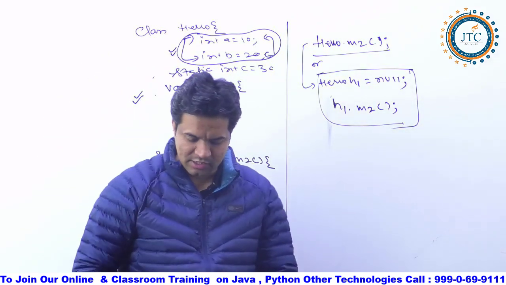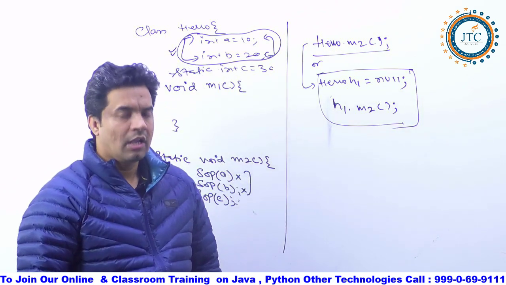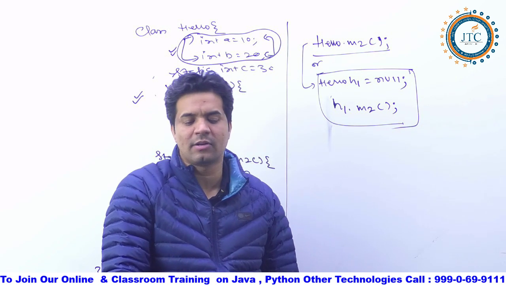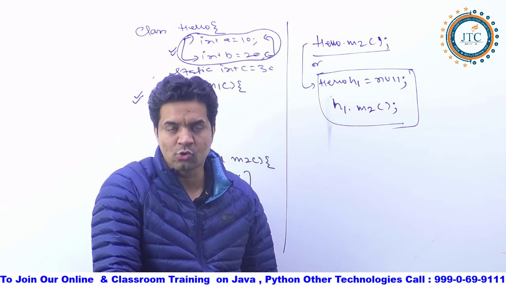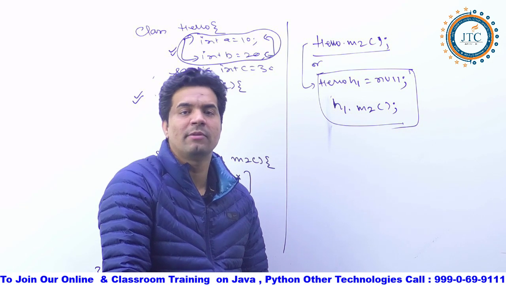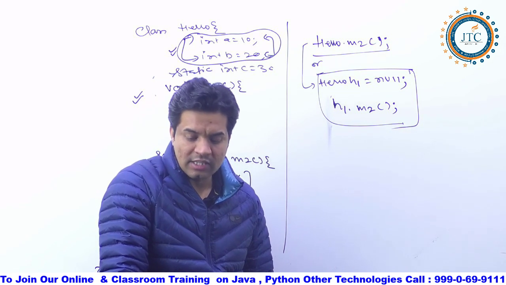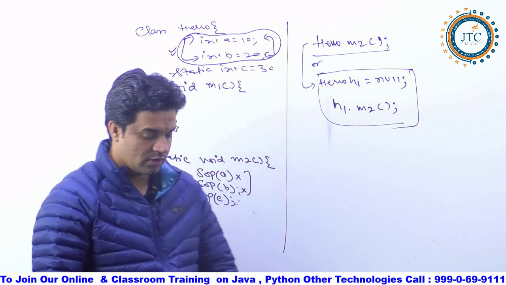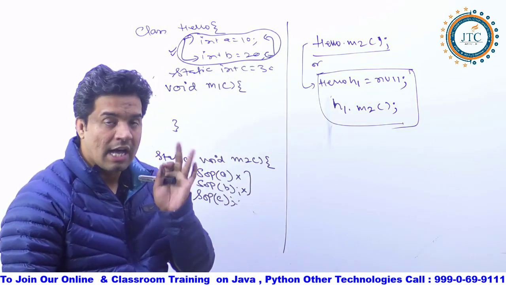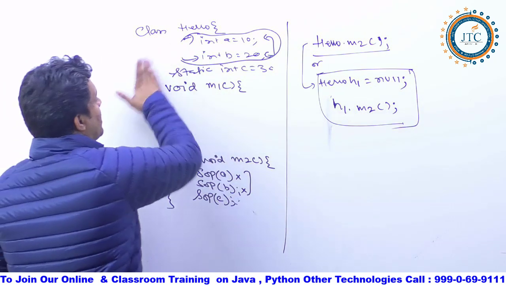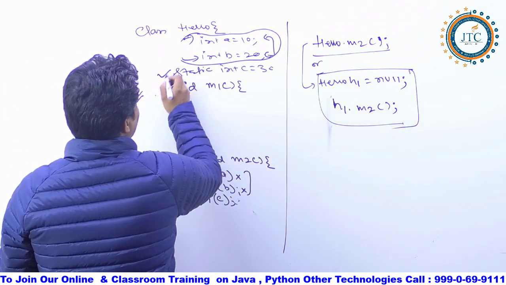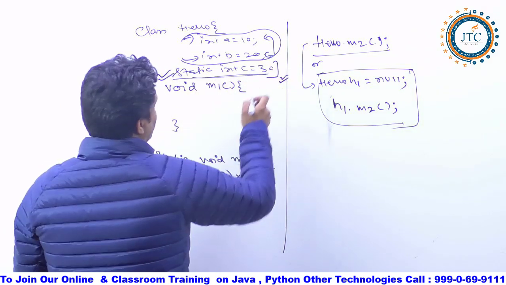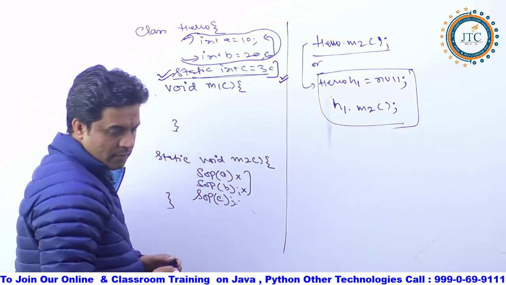What is the first memory it allocates? Not A and B, because A and B are the instance members of the class. So whenever your class is being loaded, memory is first allocated for the static members.